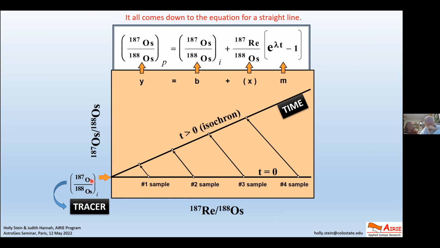And a fundamental assumption is that all of the samples had the same initial ratio. Well, seawater, you could think of it as a giant bathtub practically. There are variations, I'm generalizing here if you have restricted basins, but you have to have all the same initial ratio in the samples. And the only thing that varies is the rhenium to osmium ratio in those samples.